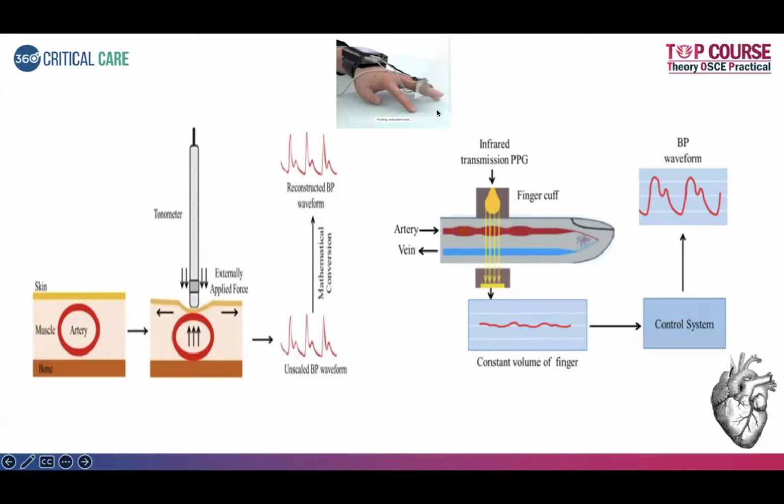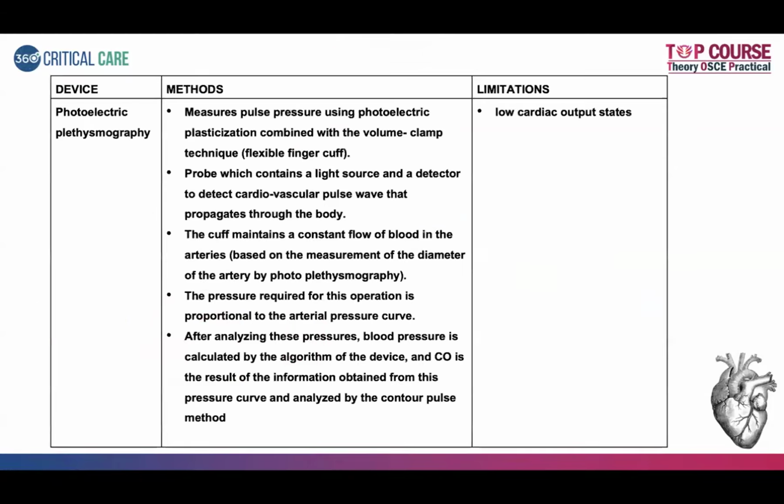So this plethysmographic sensor at the tip of the finger senses the blood flow. So there is an indicator for blood flow, and there is a blood pressure waveform. With that, with the baseline patient characteristics, it detects the cardiac output and the stroke volume. So it measures the pulse pressure using photoelectric plethysmography combined with the volume clamp technique.